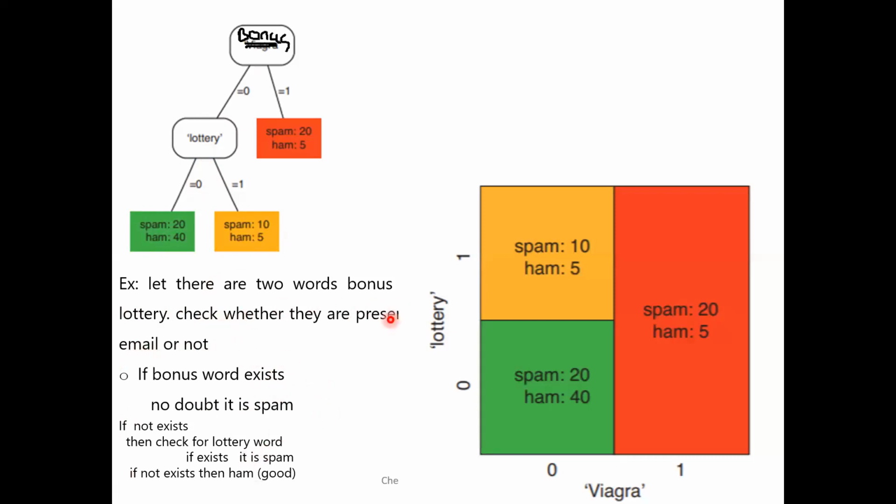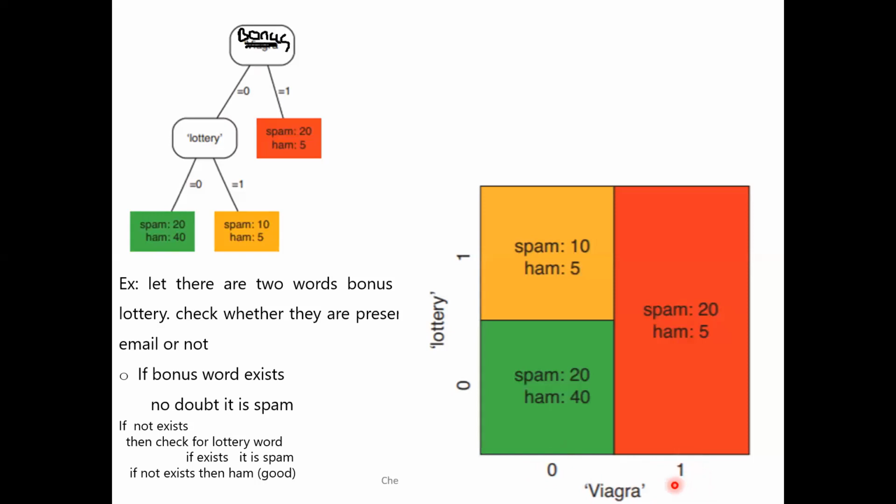Let there be two words, Viagra and lottery, and we check whether they are present in our email or not. If the Viagra word exists, no doubt it is spam. This is also shown here. On the x-axis we have taken Viagra, on the y-axis we have taken lottery. 0 means there is no Viagra, 1 means there is a Viagra word.